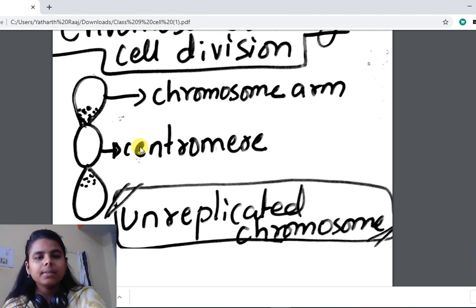This is the centromere, and this is the chromosome arm, and it is an unreplicated chromosome which is going to replicate itself, which is going to make a copy exactly like itself, which will go to the progeny, to the daughter cell.